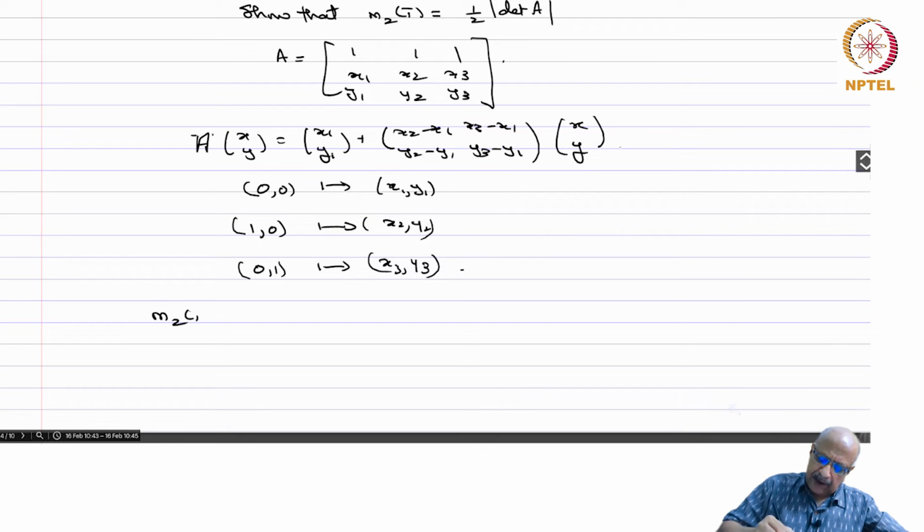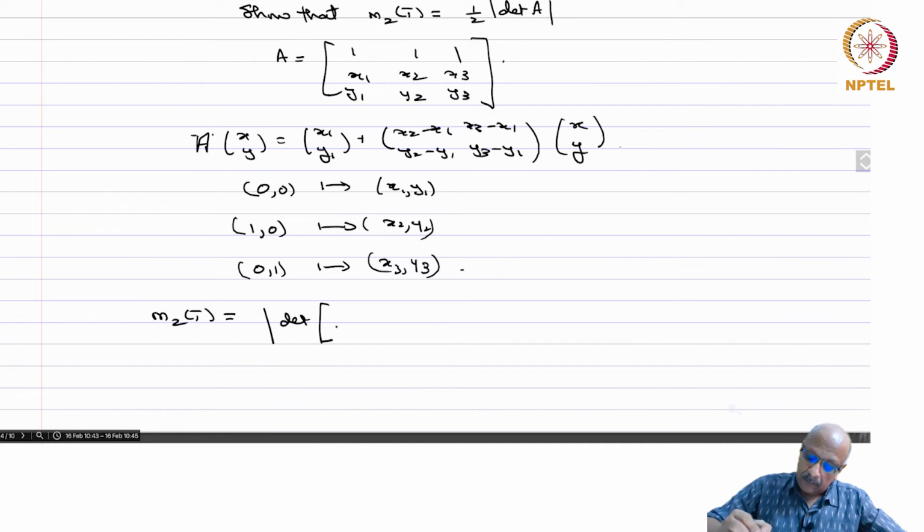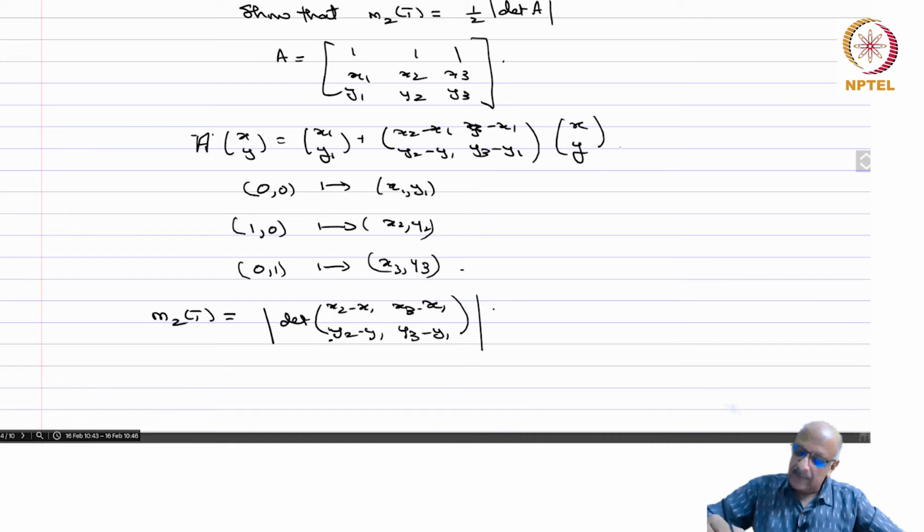So M2 of T is nothing but the modulus of the determinant of the matrix with rows (x2 minus x1, x3 minus x1) and (y2 minus y1, y3 minus y1), times M2 of the triangle, times half, because that's the area of the triangle (0,0), (1,0), (0,1).